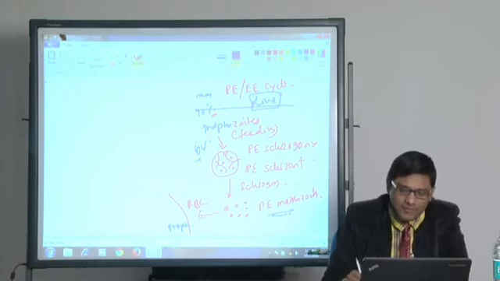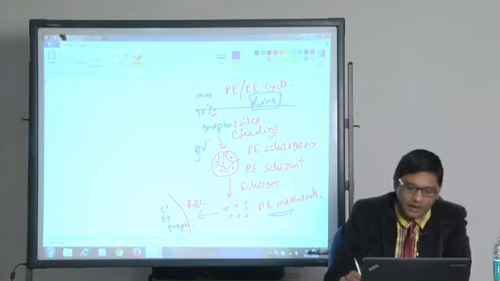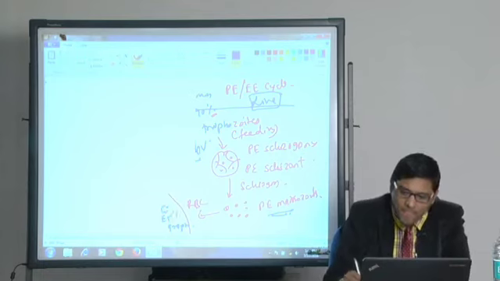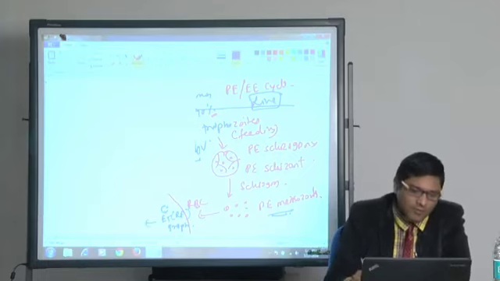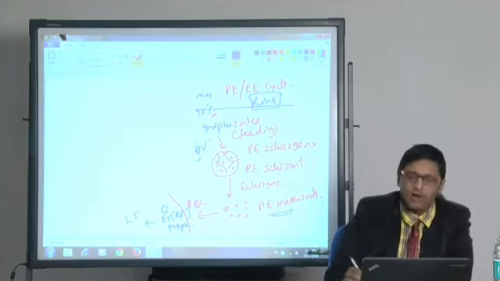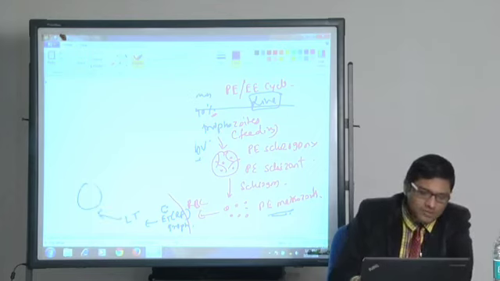Trophozoites, first they will form early trophozoites, that is the ring form. Early trophozoite later on will become late trophozoite. Late trophozoite will multiply to form schizont.